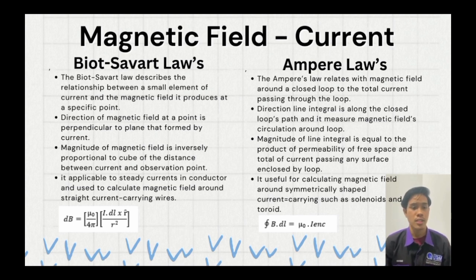The unit is the Tesla. These two laws are closely related. Where there is sufficient symmetry, Ampere's law provides a more straightforward way to calculate the magnetic field than the Biot-Savart law.